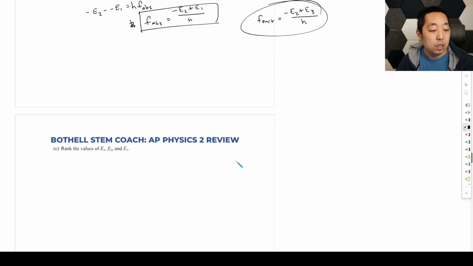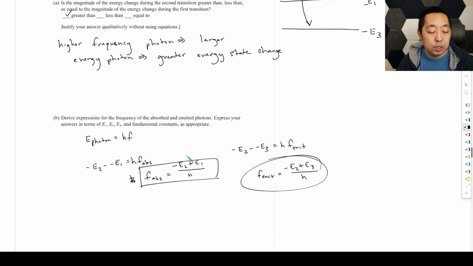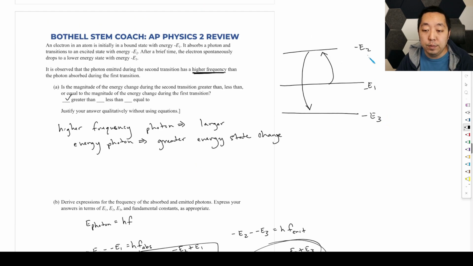Okay. Rank the values of E1, E2, and E3. Looking at this diagram, it might help because the negative sign is a little confusing in this question. Think of these as negative 10, negative 8, and negative 6. So E2 is 6, E1 is 8, and E3 is 10.